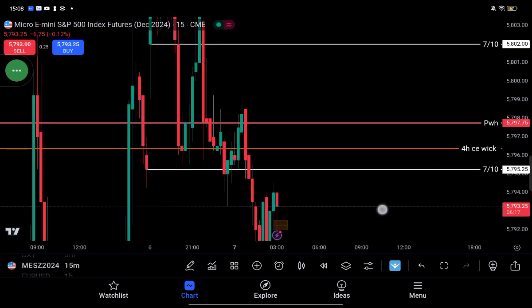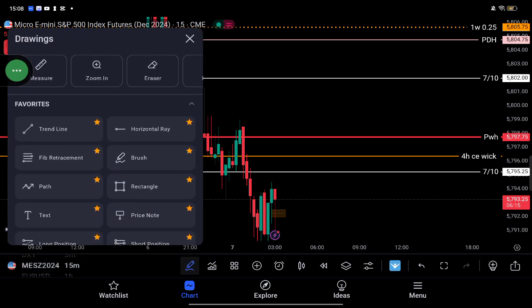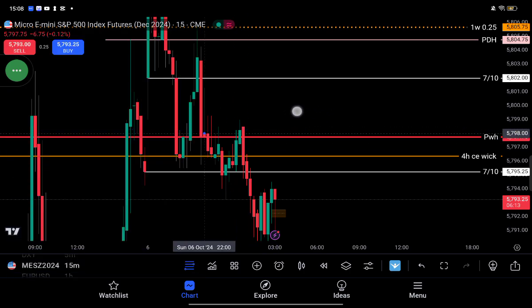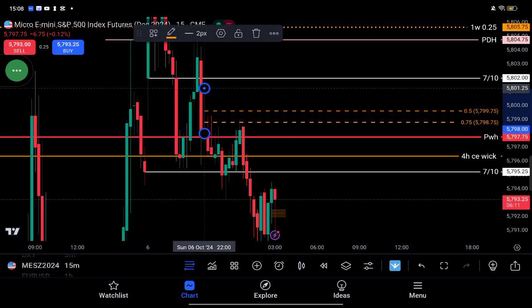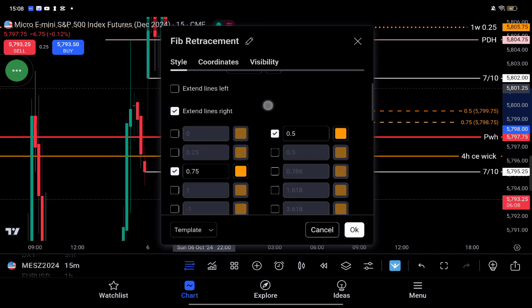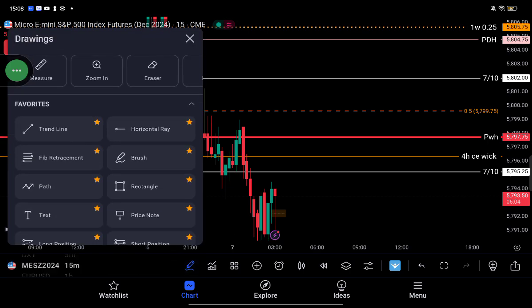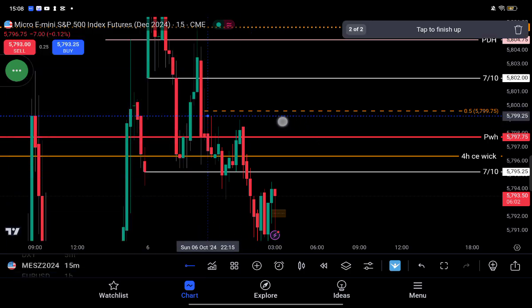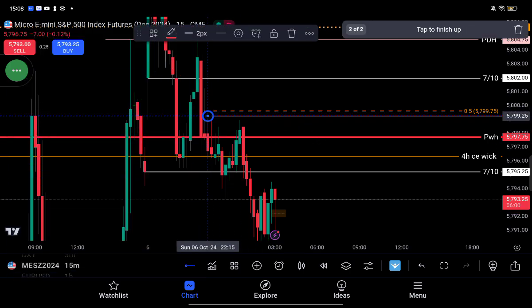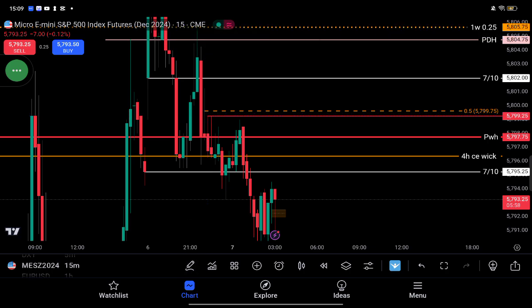Go to the 15 minute. Here is the buy side that I'm talking about, but I'll be looking at this CE wick. If we can pop out to clear the buy side, then we'll probably come up here to reach for this CE wick as well.